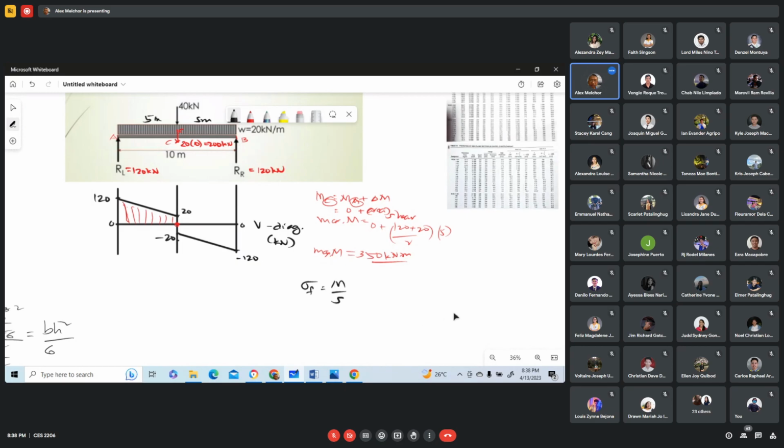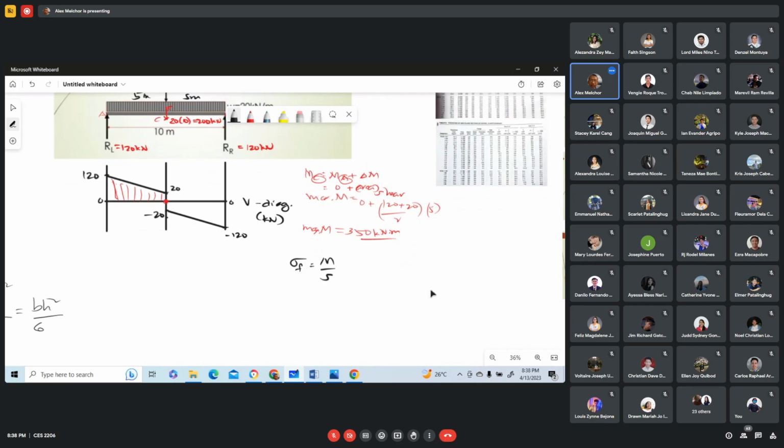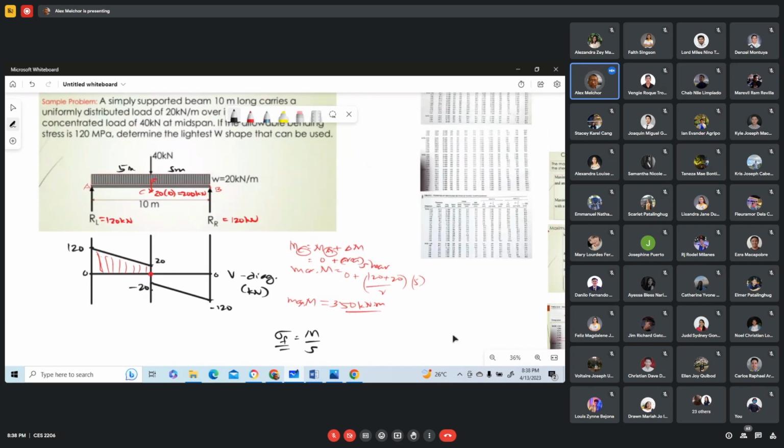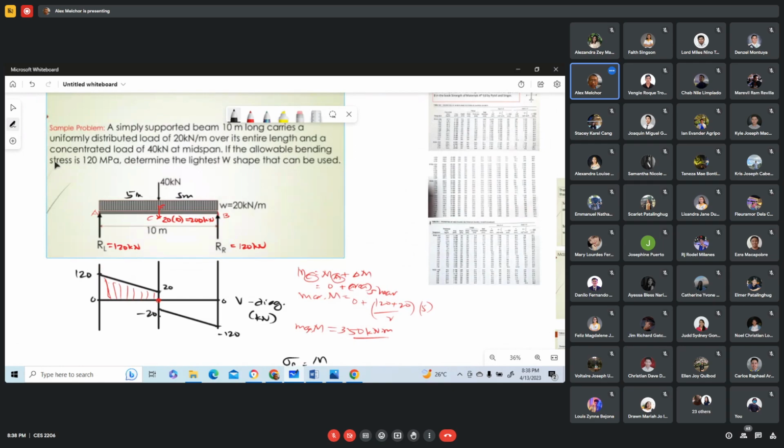Our allowable flexural stress is given here. That is, the allowable bending stress is 120 megapascals.